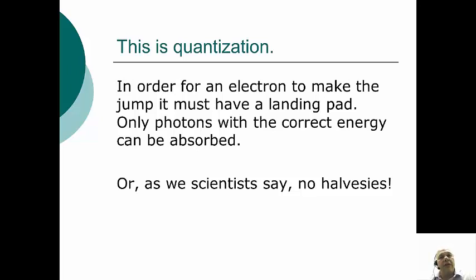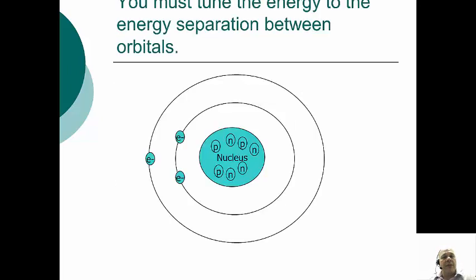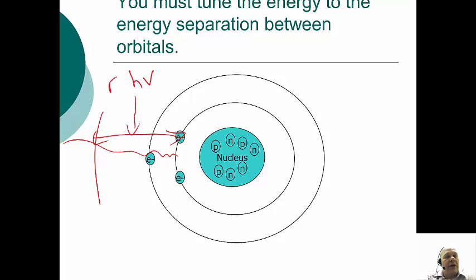The only photons that will get absorbed by materials are photons that have the same amount of energy as the difference in energy between two orbitals, or as you might say, no halvesies. So again, if you think in terms of the Bohr model, no matter how much energy you shine on this system, unless there's some place for your electron to land that exactly matches the energy of the photon, nothing happens.